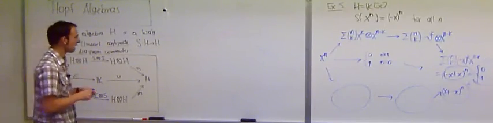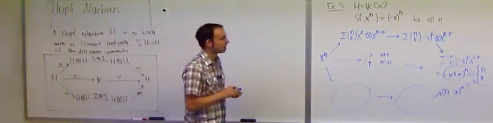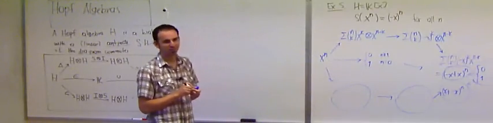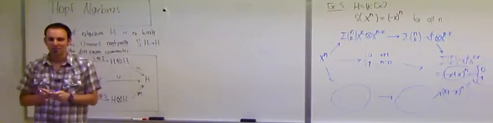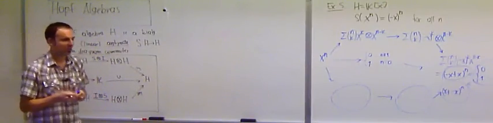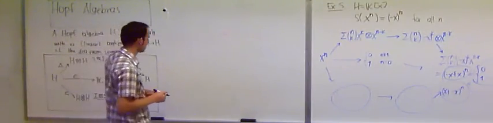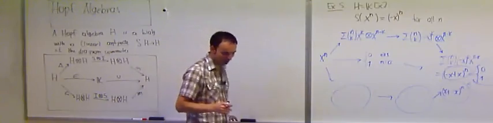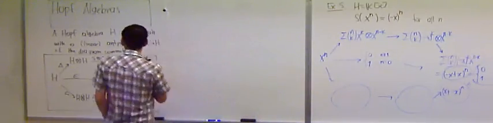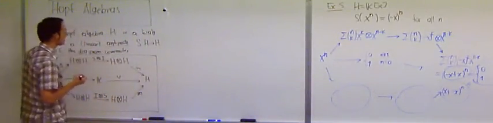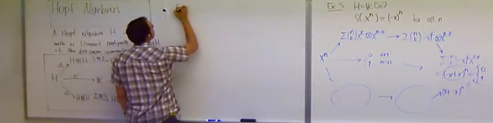Okay, I like examples, but again, I promise you, as much as I can, every single class I'm going to try to do examples, and I'm going to try to do abstraction, and we haven't done much abstraction yet, so let's fly away into abstraction now. So what I want to do now is give you a different point of view on this antipode.